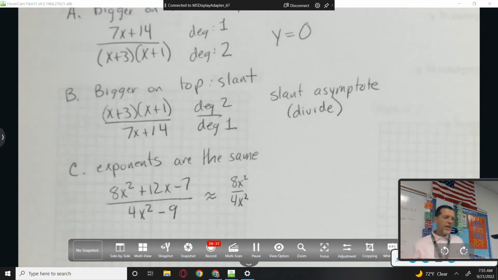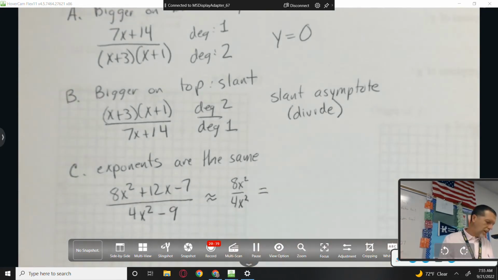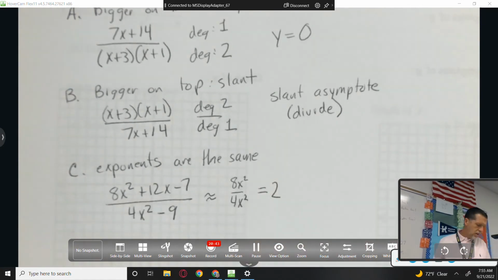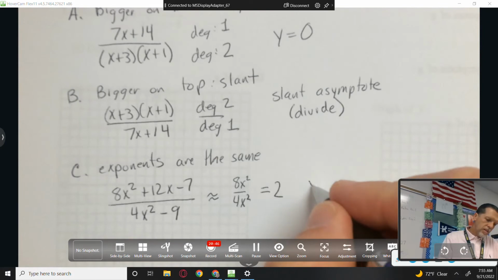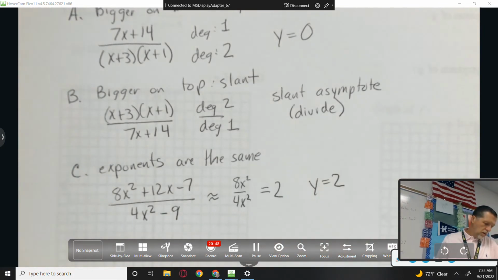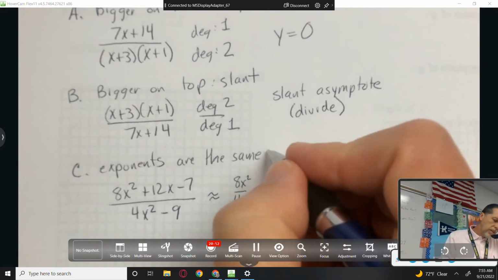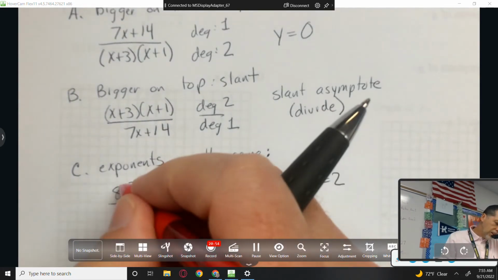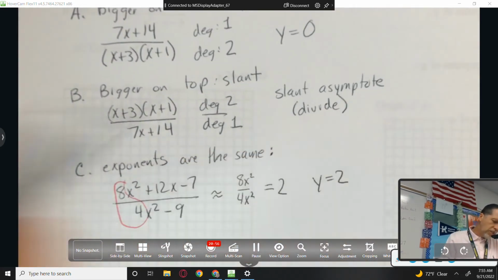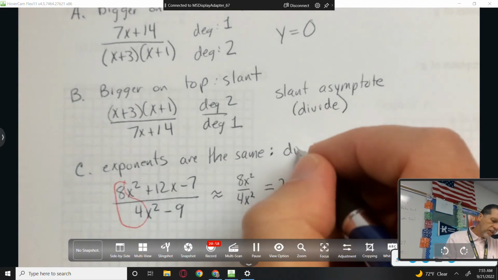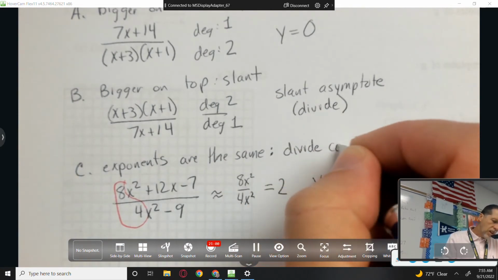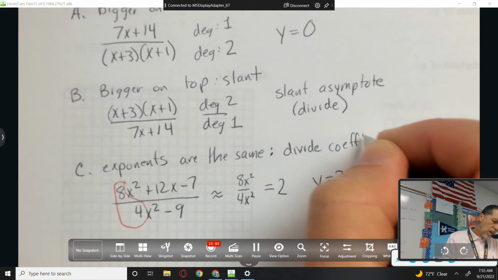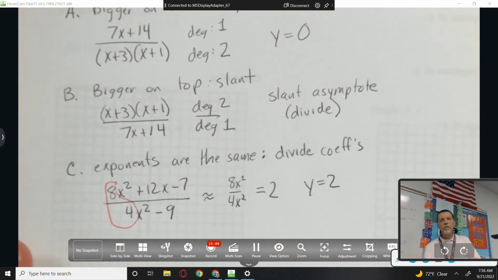But that's kind of nice, because what's 8x squared divided by 4x squared? 2. So that would be y equals 2. The shortcut, though, instead of writing all that out, is to just divide the coefficients.